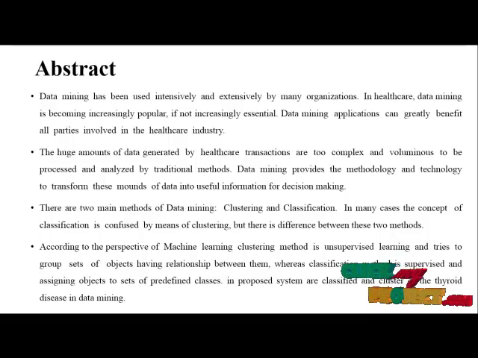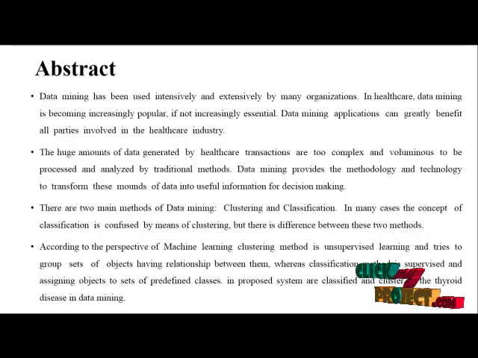There are two main methods of data mining: clustering and classification. In many cases, the concept of classification is confused with clustering, but there is a difference between these two methods.